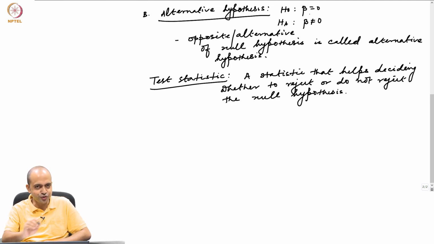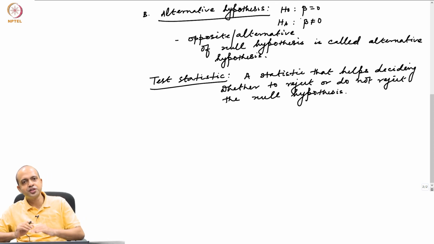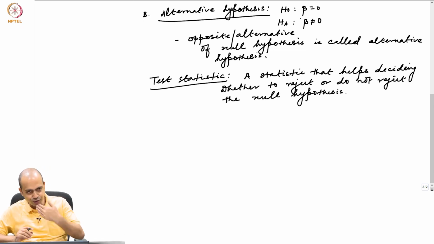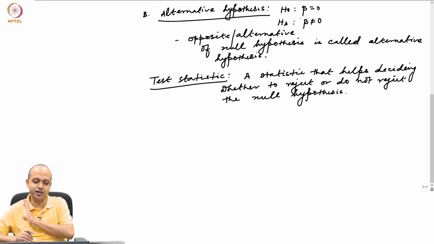When beta equals 0 is rejected, that means income has an impact on consumption. If we are not able to reject our null hypothesis, then we will say that income does not have any impact on consumption. And how are you going to decide that? With the help of the test statistic.